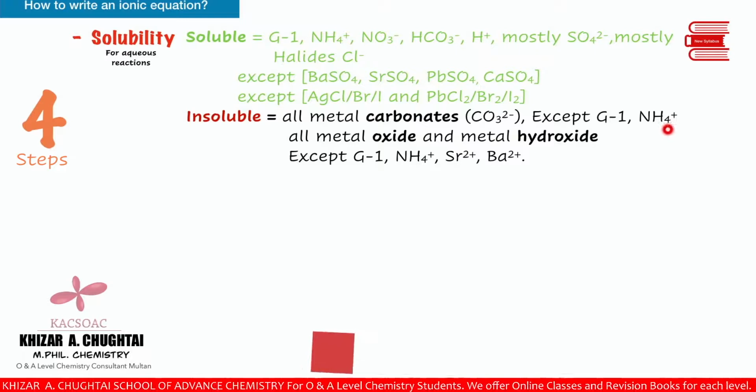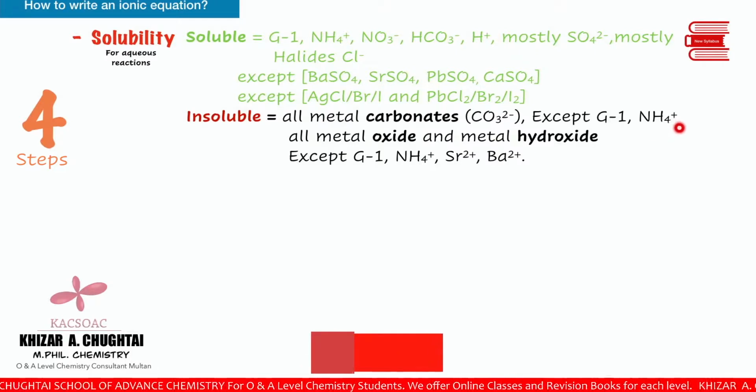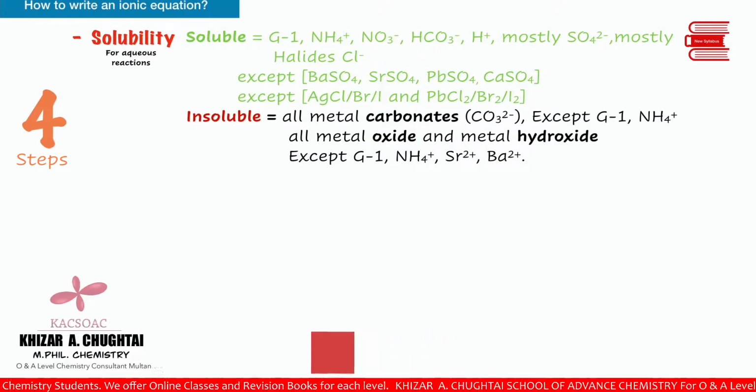So ammonium carbonate is soluble. Group 1 metal carbonates are soluble, but the rest of all carbonates are insoluble. The next one is all metal oxide and metal hydroxide.